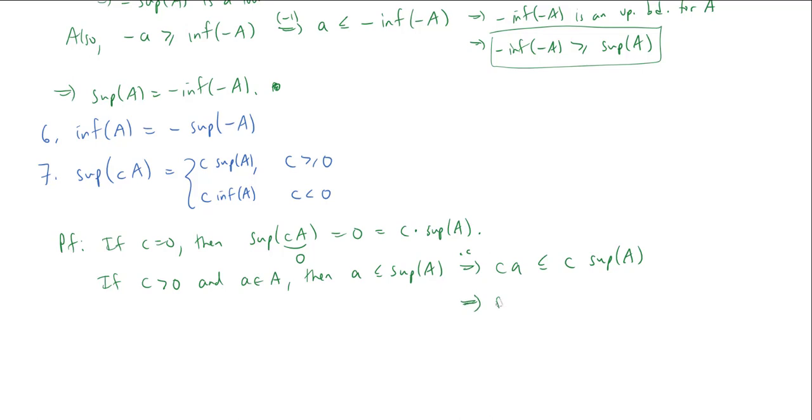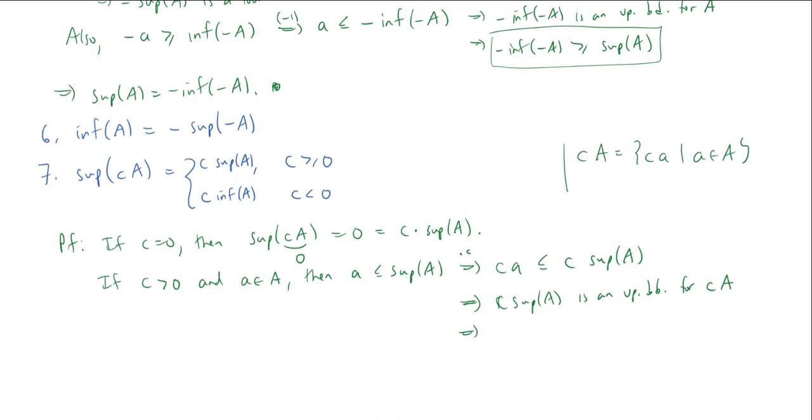C times the sup of A is an upper bound for C times A, which, in case it's not clear, just means you multiply everything in A by C.